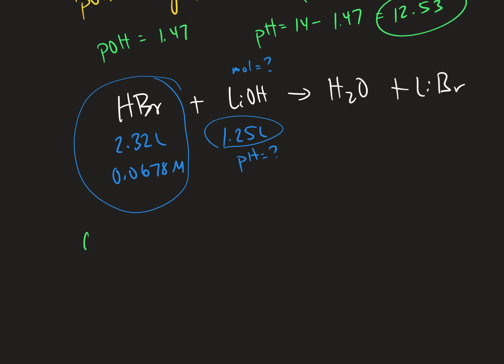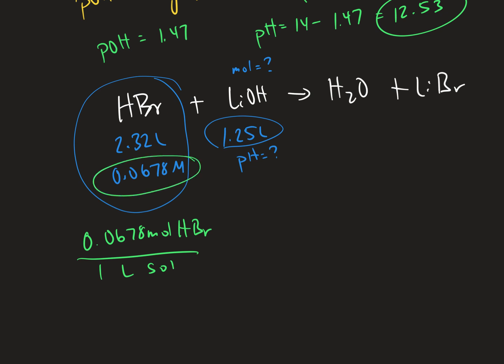So 0.0678 moles of HBr per 1 liter of solution. That's this, right? Now what do we do? We use that.